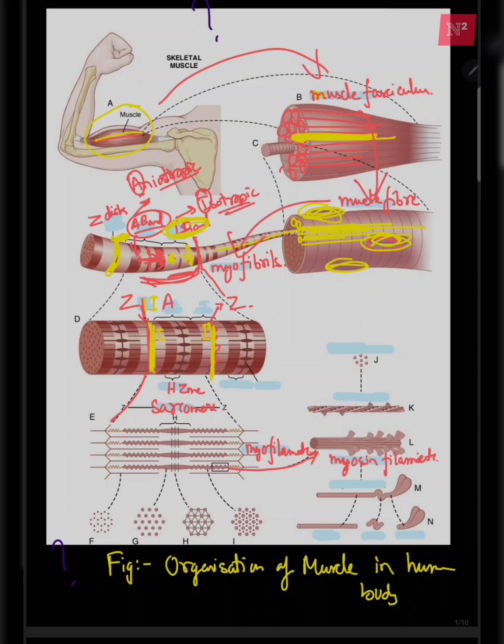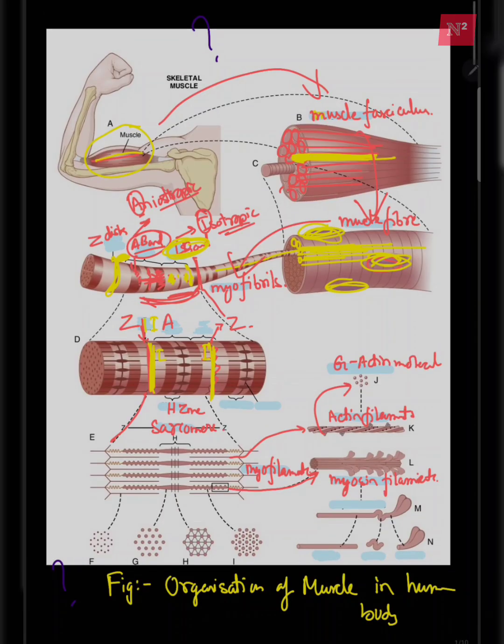Along with that, the thin strands that you can see, these are called actin filaments. Along with the actin filaments, you can see some globular protein molecules, those are called the G actin molecules.